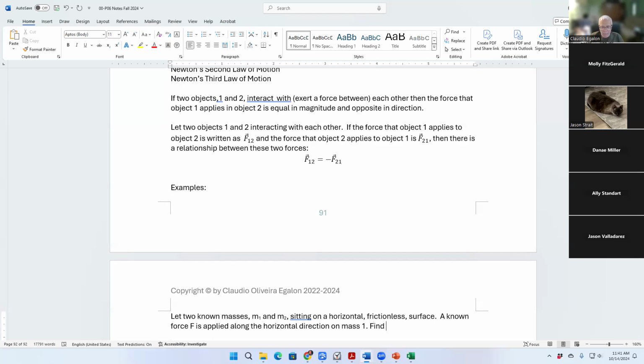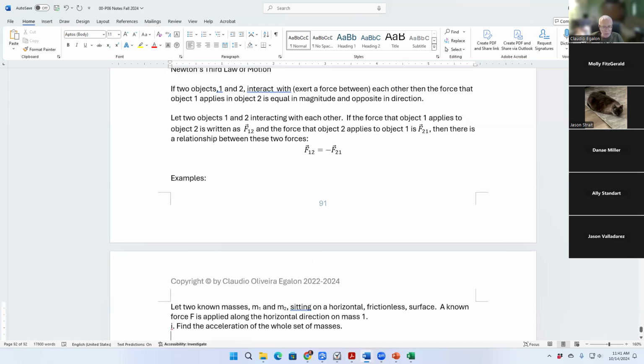Find the acceleration of the whole set of masses. That would be the first one. Find the acceleration of the whole set using both masses as the system.